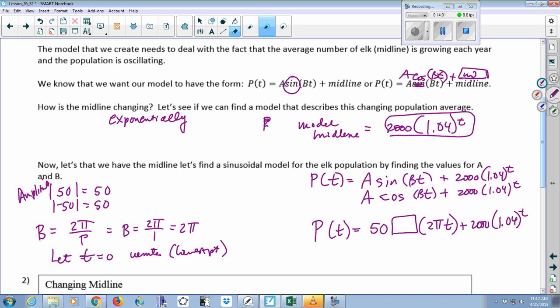We start at our lowest, go up through our midline, then up to our maximum, come back down, and reach our lowest over a year. So we could use a negative cosine model. So now I'm going to put a negative in front of my 50 and a cosine here. That would be the model I would use.